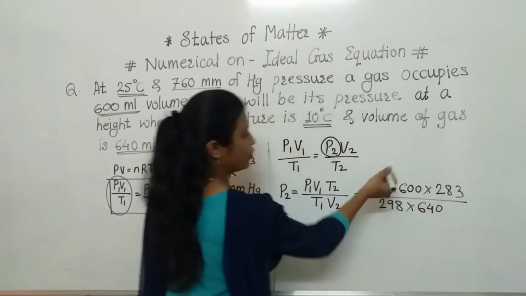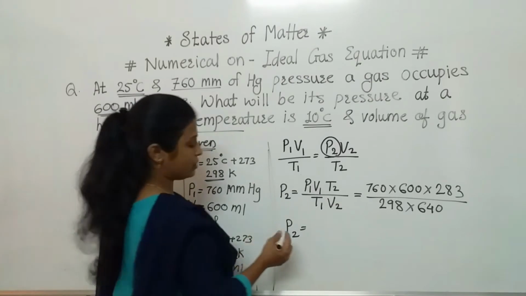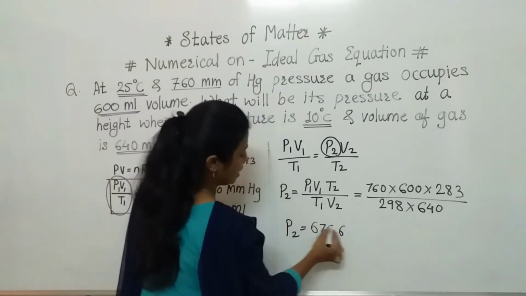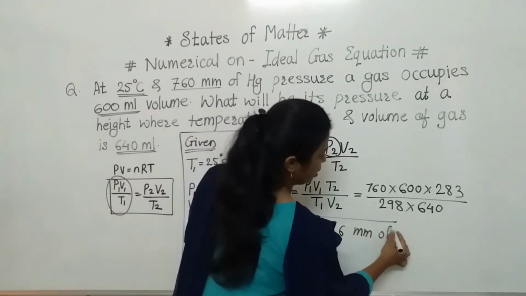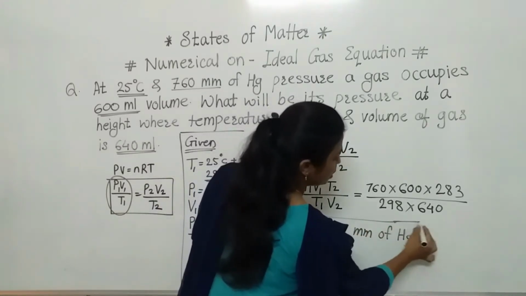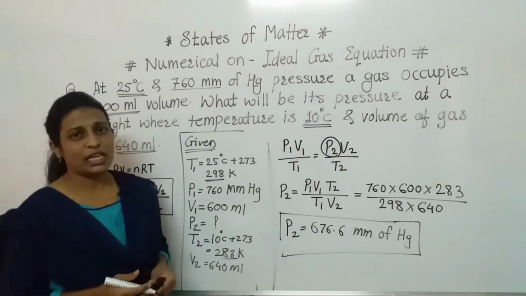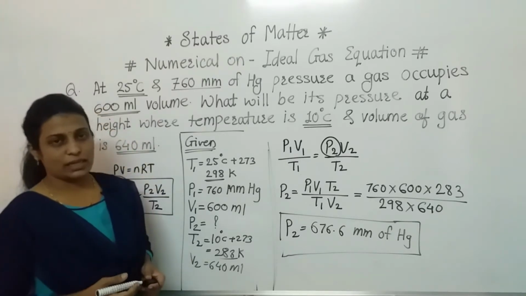So we have to calculate it, and after calculation we will get the answer, and that answer will be 676.6. Its unit will be mm of Hg. Clear to everyone? So in this way we have completed our first numerical, which is based on the ideal gas equation. Now we are going to discuss the second example.